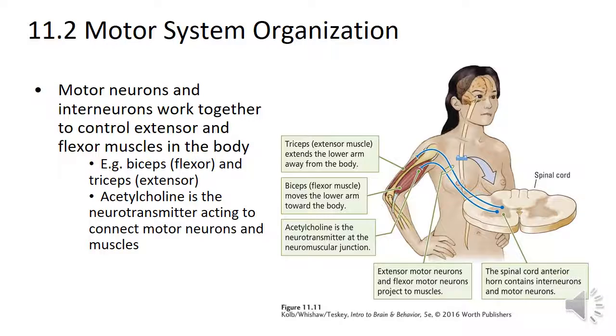When you flex your arm, you show your biceps. When you extend your arm, that's using your triceps. And acetylcholine is the neurotransmitter in the body that's acting to connect motor neurons to muscles. So motor neurons are causing the release of acetylcholine into the muscles.